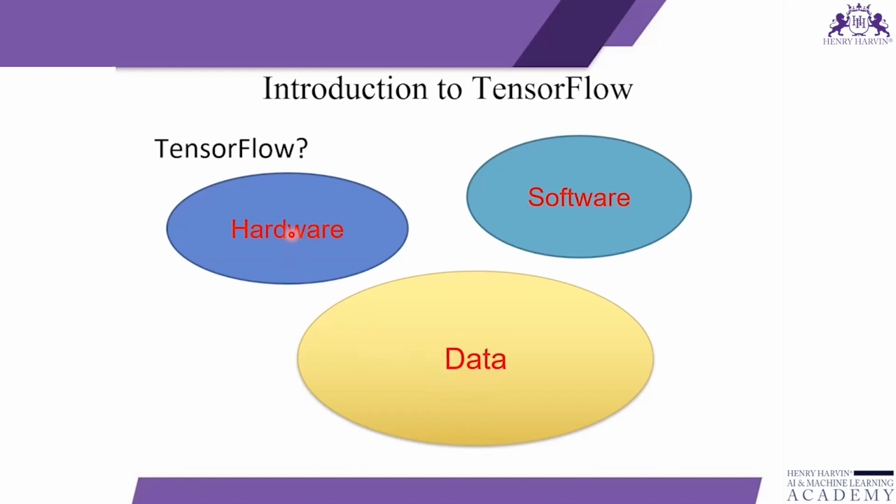The second thing is that we should have hardware. Now, why are we talking about hardware? Every software program that we write needs to run on a computer, so it needs hardware. Also, in machine learning and deep learning, we require specialized hardware like GPU because we are going to do lots of matrix multiplications and additions.